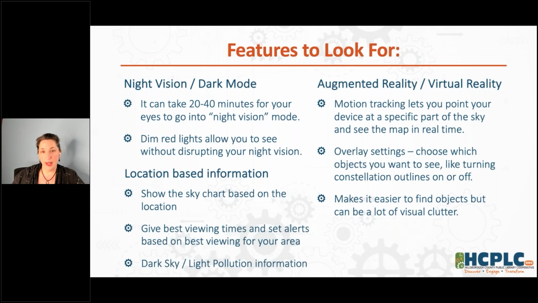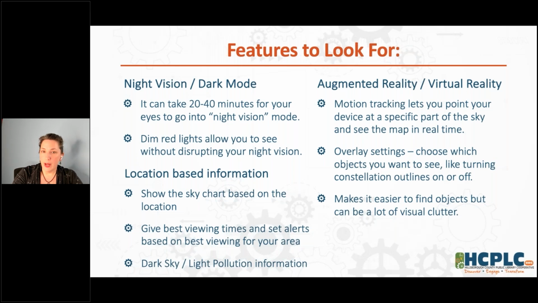As you do that, it can overlay the constellation outlines on the phone screen, so you can see, I'm looking at this portion of the sky, and it'll have that outline of the constellation right where you're looking, so you can more easily find other features like planets or comets, or know which direction to look when the ISS flies over. There are a lot of different overlays that you can check. It's going to depend on the individual app as to what those look like and which features they show.